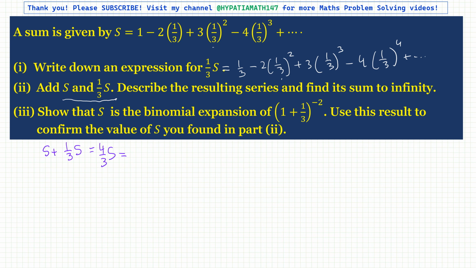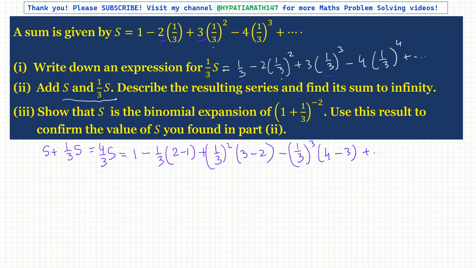So then what I would get is the 1, I keep it as it is on its own, and then minus 1/3 times, there will be 2 here and there's a 1 here, so it's 2 minus 1, and then plus (1/3)^2, and then I've got a 3 here, so 3 minus 2, and then minus (1/3)^3, and the cube term is here, so I would have 4 minus 3, and so on.